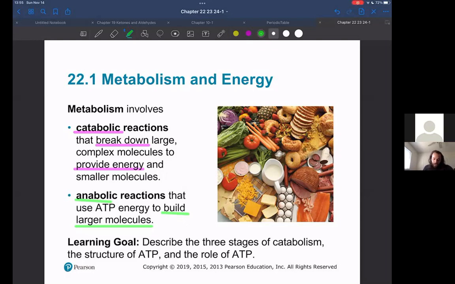So metabolism is the umbrella term, and we can separate that into catabolic and anabolic reactions. Our main focus is going to be on the catabolic reactions, which are how the cell actually gets its energy, but we will talk a little bit about anabolic reactions as well.